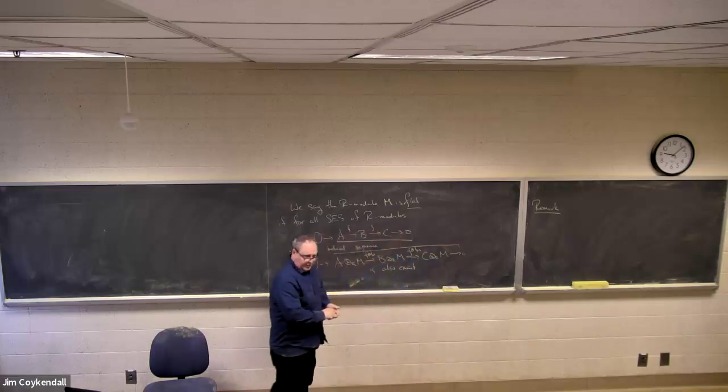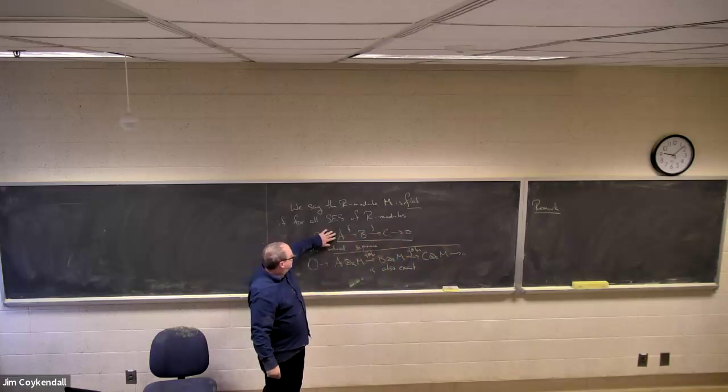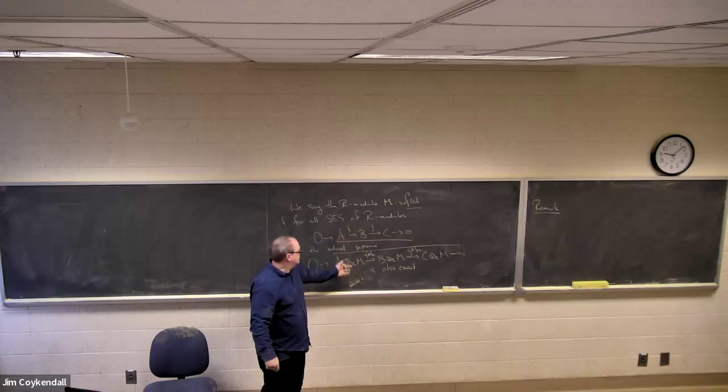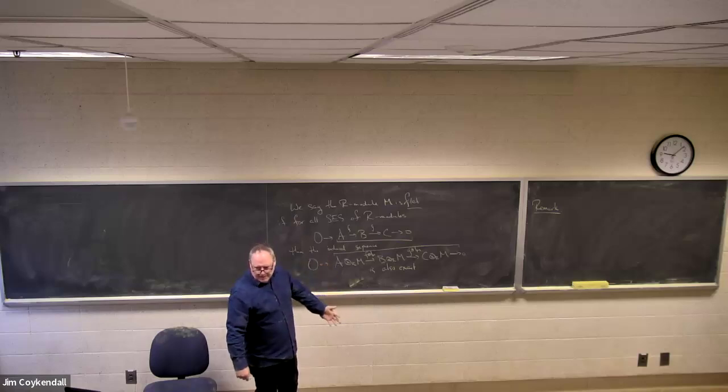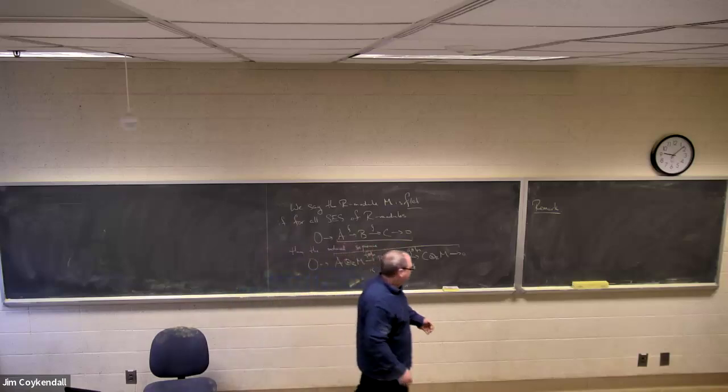we already know from tensor product that in this situation, if this is exact here, then this is exact, right? So really, what does it mean to be flat? It means it preserves one-to-one maps, right?